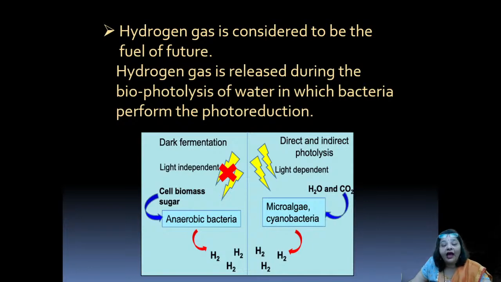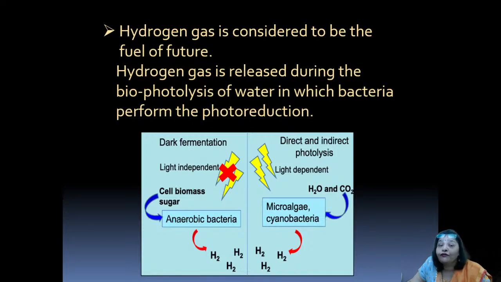Certain bacteria, as well as some cyanobacteria, that is blue-green algae, which are unicellular or filamentous, undergo biophotolysis of water during the process called photoreduction.